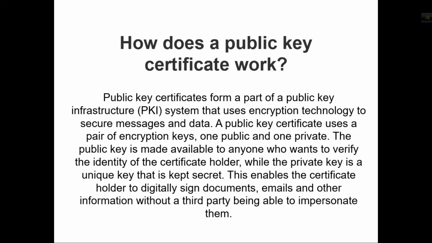The public key is made available to anyone who wants to verify the identity of the certificate holder, while the private key is a unique key that is kept secret. This enables the certificate holder to directly sign documents, emails and other information without a third party being able to impersonate them. So we know how a public key certificate works.